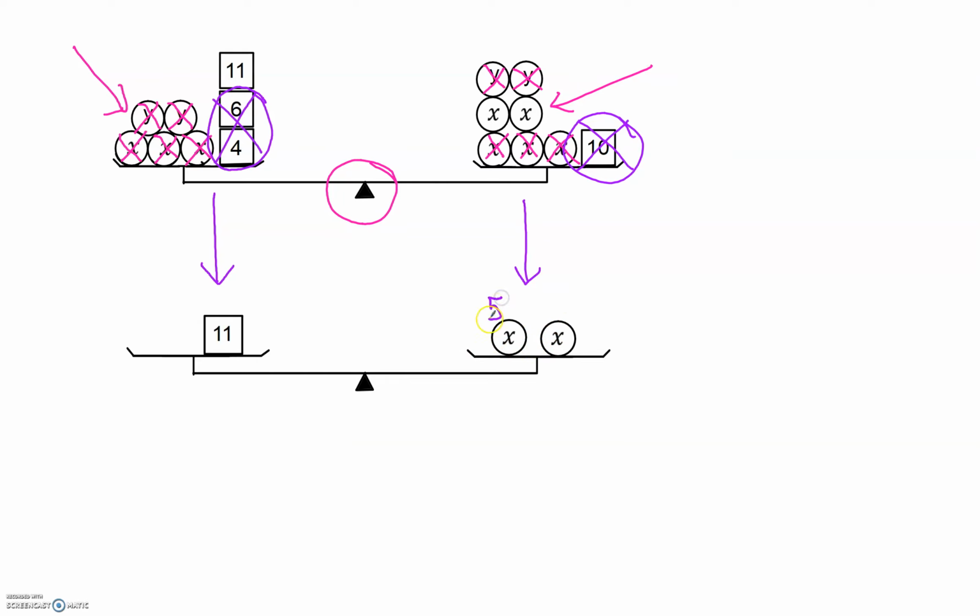So each ball must be 5.5, because if I add together two 5.5s, I get my 11. So the solution to this balancing scales is that x must be 5.5. It's the only solution that will work. Any other value of x will make it so that the scales aren't in balance.